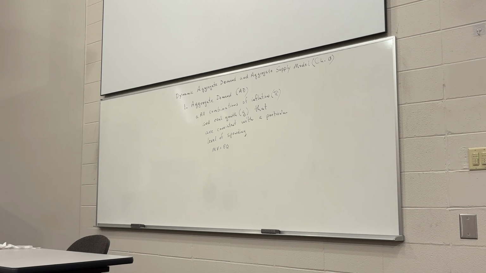The left-hand side, money times the number of times it's spent, tells us what? The amount of spending there is. And the right-hand side is essentially nominal GDP, which is what? The amount of things purchased. Does the value of purchases have to equal spending? Yeah.